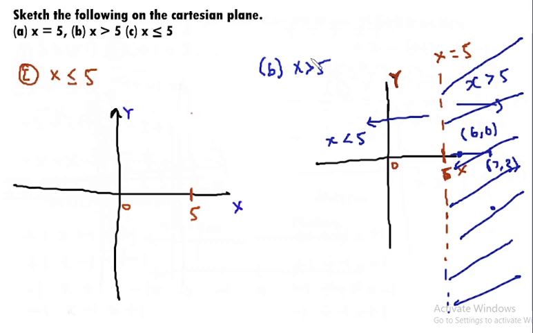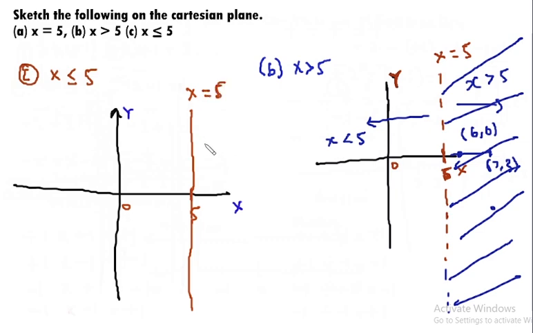So unlike here, because it was greater than, we use the broken line, but in this case it's less than or equal to. So anytime you have less than or equal to or greater than or equal to, use a thick line. So this is the line we use, passing through 5. Remember, this line represents x is equal to 5.